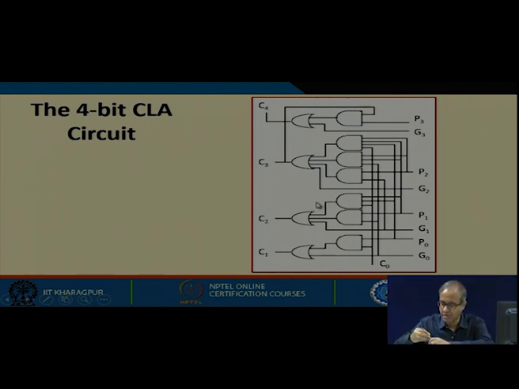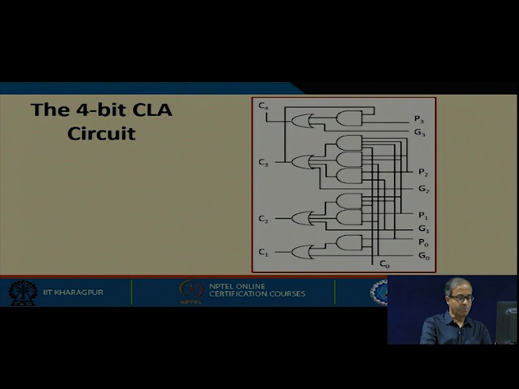And you recall that Pi is nothing but the XOR of the inputs, that means one XOR gate, and Gi is nothing but the AND of the inputs, that means one AND gate. So, you need this much hardware.